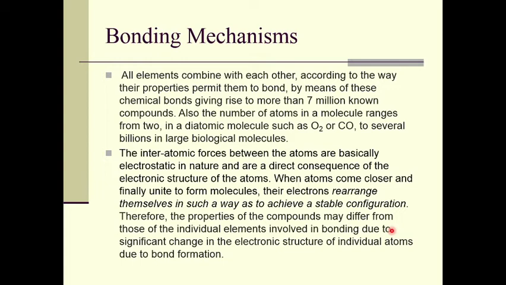Therefore, the properties of the compounds may differ from those of the individual elements involved in the bonding, due to the significant change in the electronic structure of individual atoms due to bond formation. So whatever the electronic structure of the two atoms before forming the bond, that electronic configuration completely changes after the formation of the bond, and because of that the properties of the molecule are different from those of the individual atoms, right.